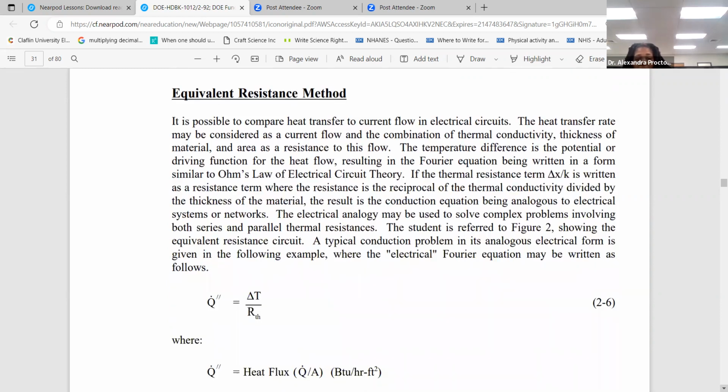And so for the next section, they talk about the equivalent resistance method, and they let you know it's possible to compare heat transfer to current flow in electrical circuits.